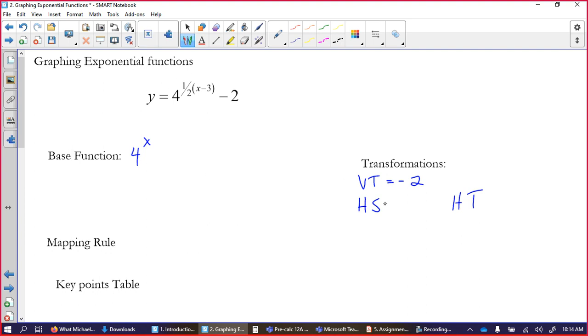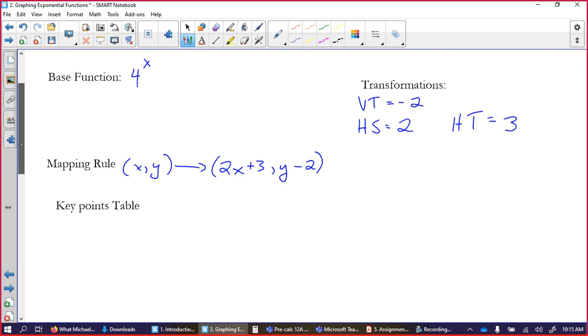Take the reciprocal of the horizontal stretch, that's a 2. The opposite sign, horizontal translation, is 3. So x, y goes to 2x plus 3, which means everything's going to be stretched this way and pushed over, and y minus 2. Y is 4 to the x.